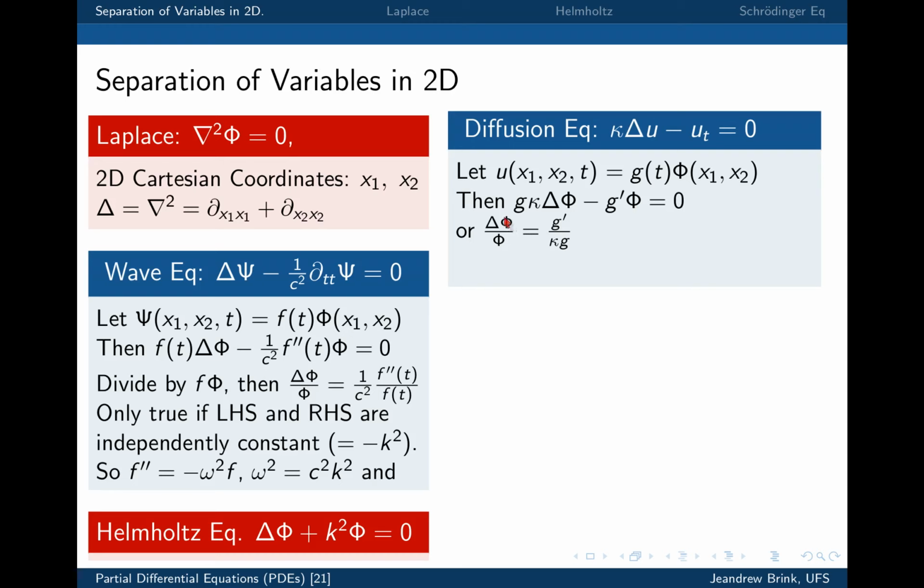So here you once again have Laplace's equation over phi is equal to g prime over g kappa, so it's only a function of time, and that once again can only be true if both sides are equal to the same constant, which I call the separation constant, and here I'm going to call it k squared.